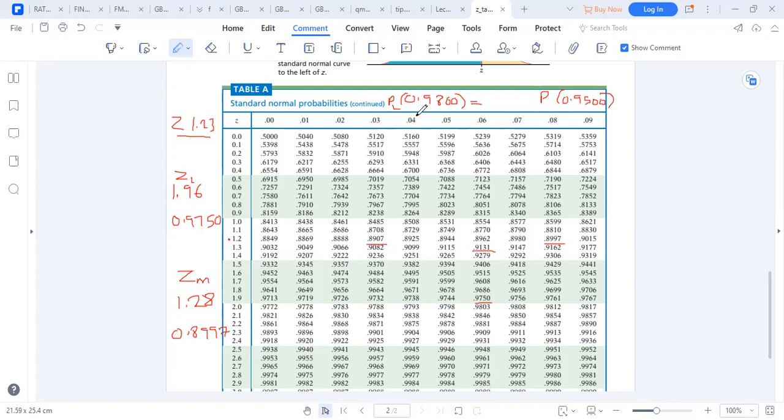Which one is equal to exactly 0.8900 and 0.9500? Males, look for them inside the table.